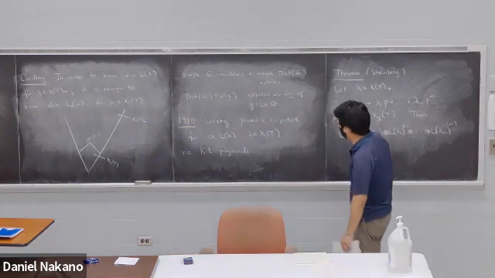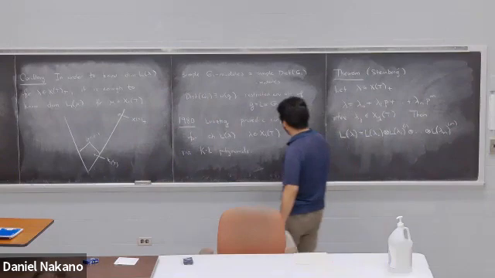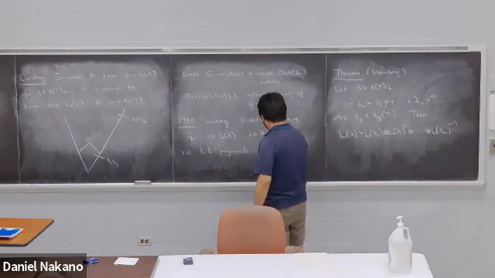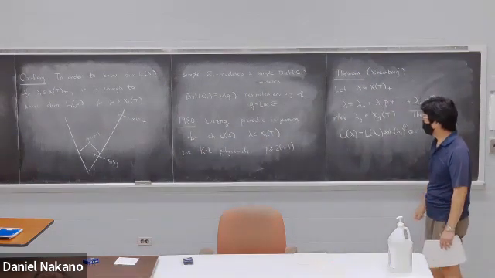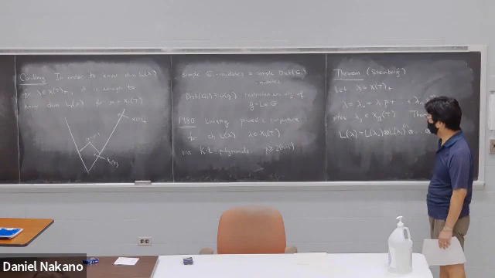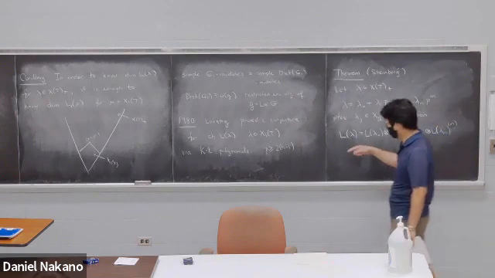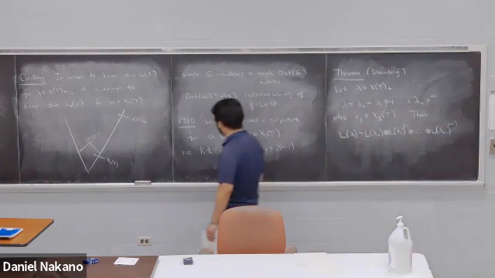Now, the original bound was for p bigger than or equal to 2h minus 1. Right? And then Kato later on got it down to p bigger than h.